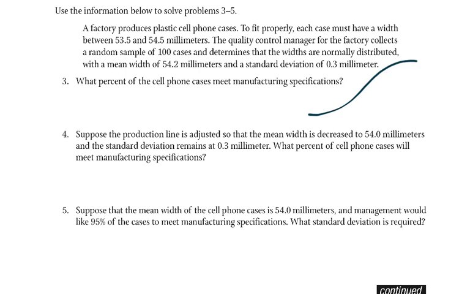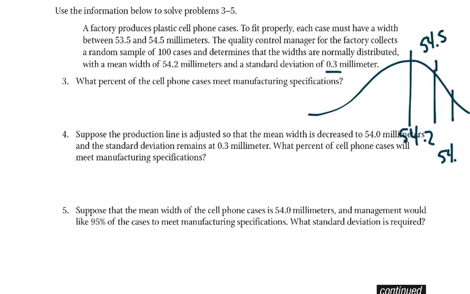So if we think about that bell curve, we had a mean of 54.2, standard deviation of 0.3. If we go to the right, that would be 54.5 once. The second one would be 54.8, and then 3 standard deviations would be 55.1.